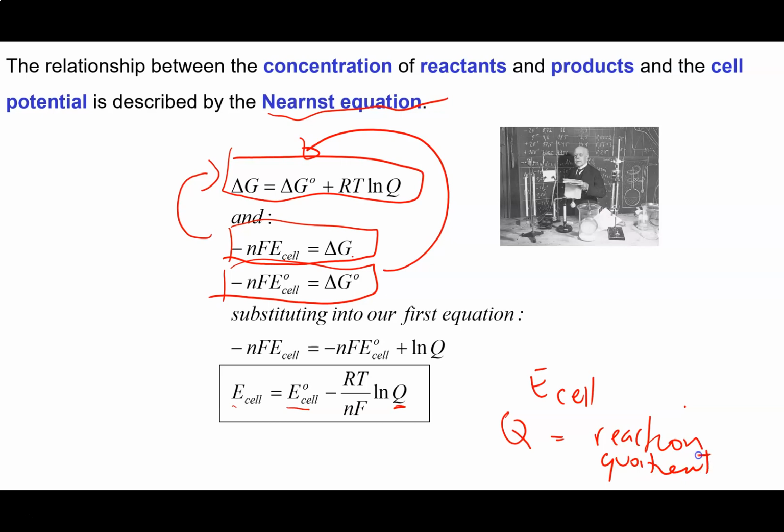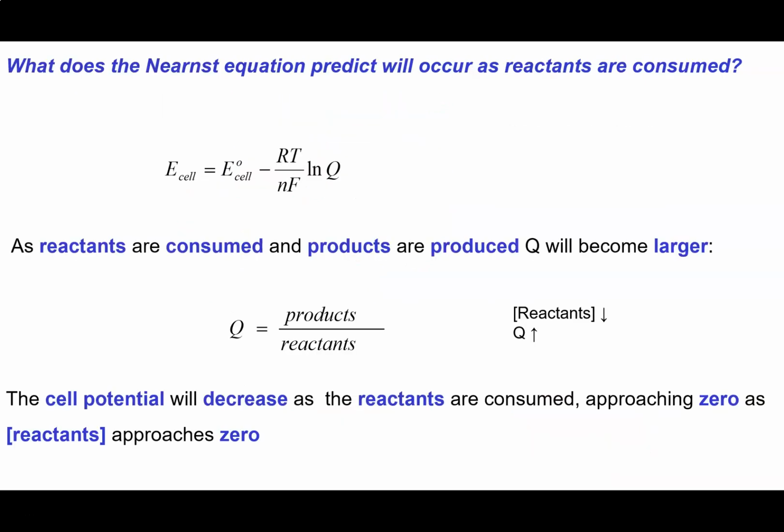So that's how this works, right? It's a modestly complex formula here. All right, so what does the Nernst equation predict? Well, what's going to happen as our cell runs? What's going to happen as our cell runs is reactants are going to decrease, and products are going to increase, right?